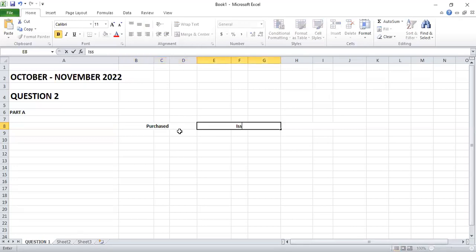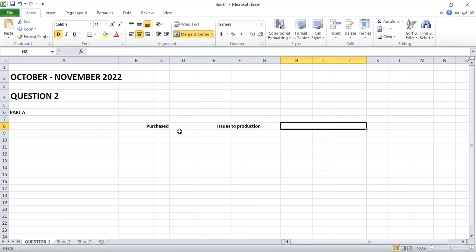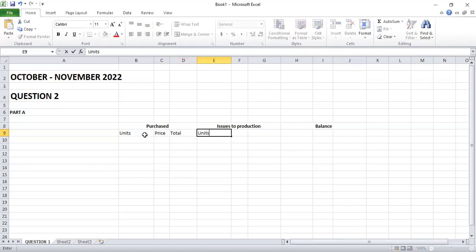Issues to production. Balance. Units, price, total. Units, price, total.